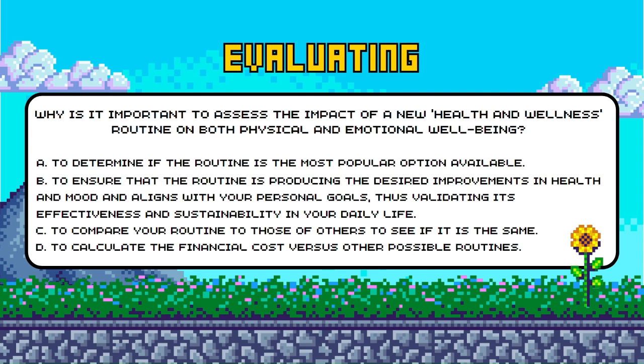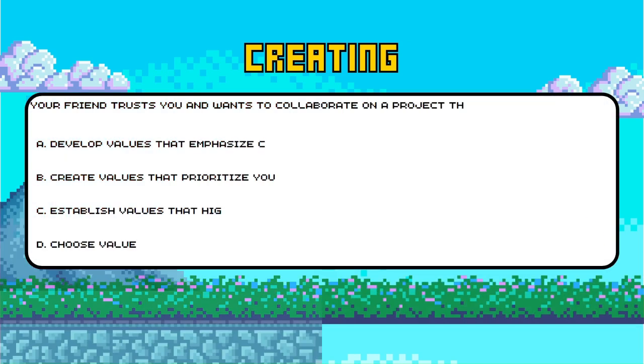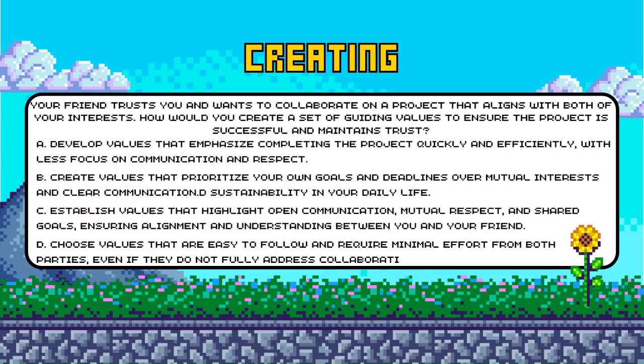So for the last component of Bloom's taxonomy, we have creating. Creating is the highest level of Bloom's taxonomy and involves putting elements together to form something new, or to form a coherent whole.